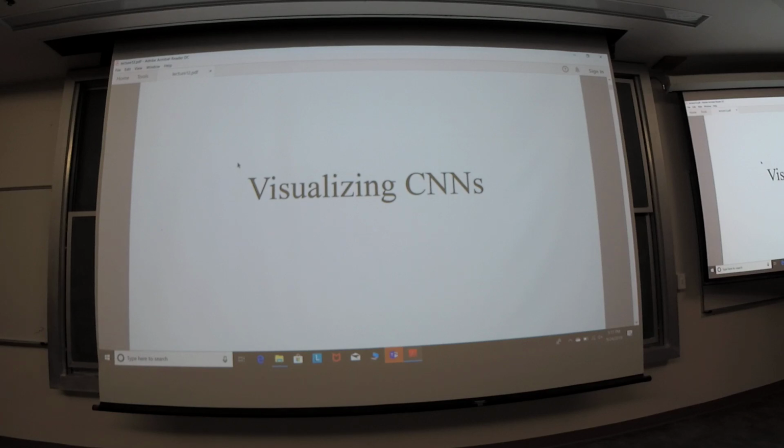Okay, guys. So let's start today. Today we will look into the different techniques which we could use to visualize the intermediate layers of a deep neural network. This will also help us get better insight into the functionality of the deep neural network, and how it really helps to achieve its task.